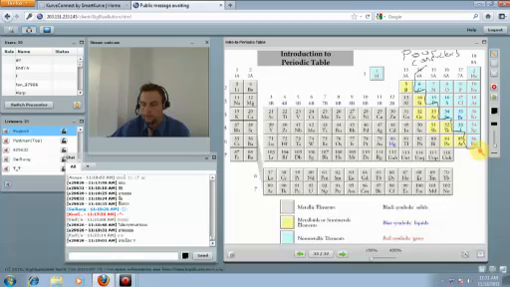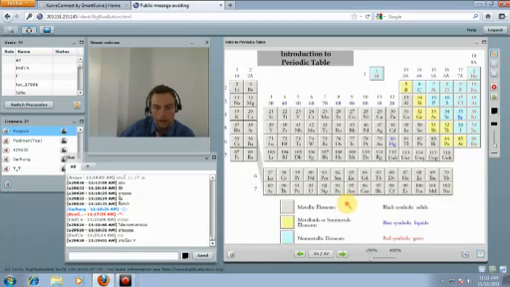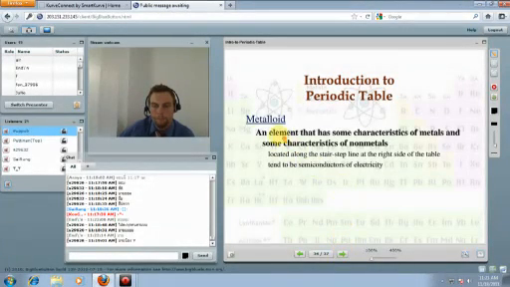Okay, poor conductors. Metalloid is an element that has some characteristics of metals and some characteristics of non-metals. So that's basically saying it's not a non-metal, it's not a poor conductor, but it's not necessarily a good conductor either.